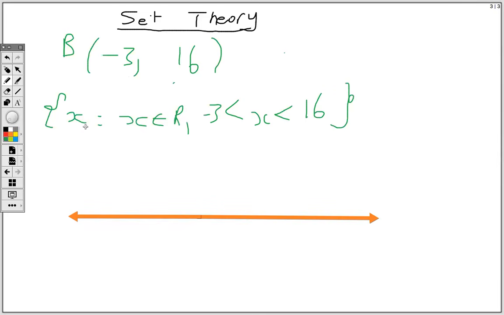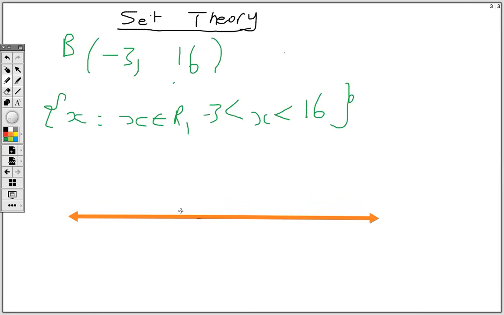So it's always going to be x is such that x is an element of a real number, and then the brackets, we represent in terms of inequality, where x is greater than -3 but less than 16. So the bracket is just saying the numbers lie between -3 and 16.